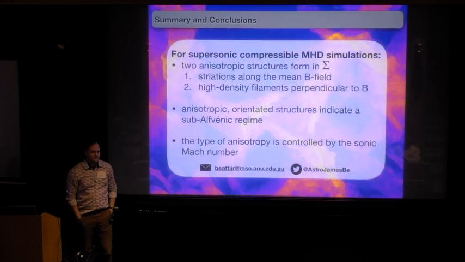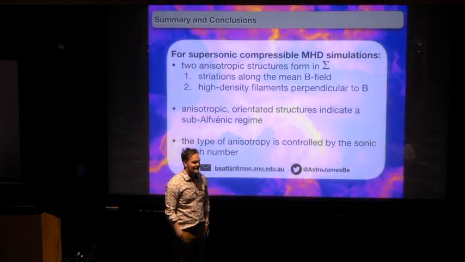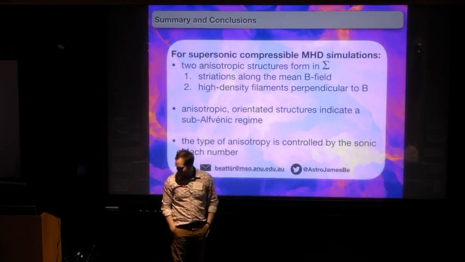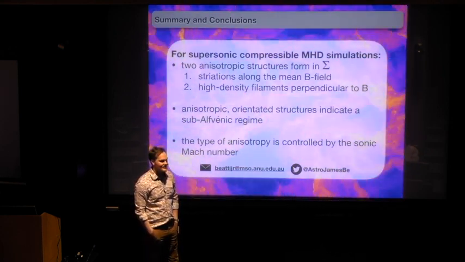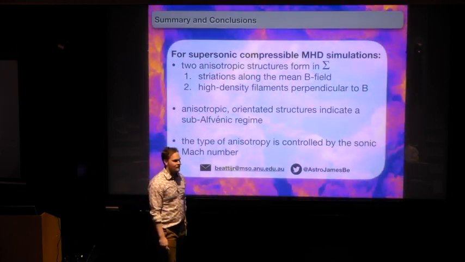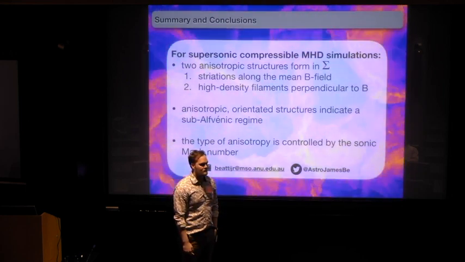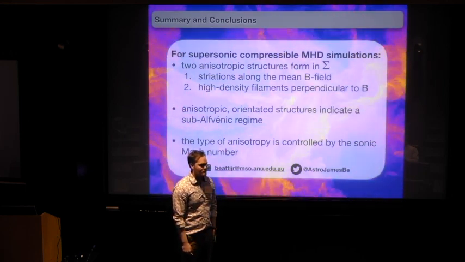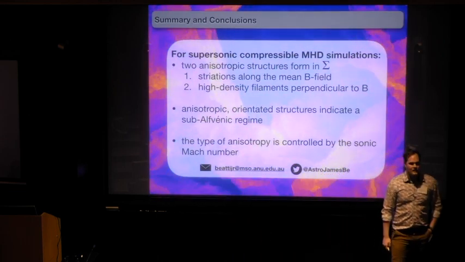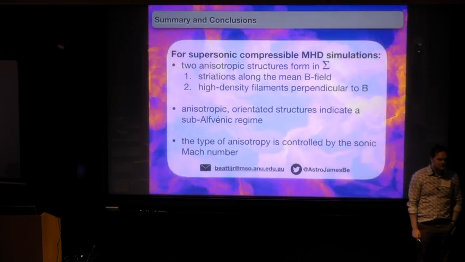Yeah, Mordecai. Hi. I have two questions about the application to observation. Gravity and viewing angle. Real observed clouds are, except for the very fluffiest little things like the Pipe Nebula, self-gravitating. And that produces its own filamentary and anisotropic structure. Yes, agreed. And also the angle with the mean magnetic field.